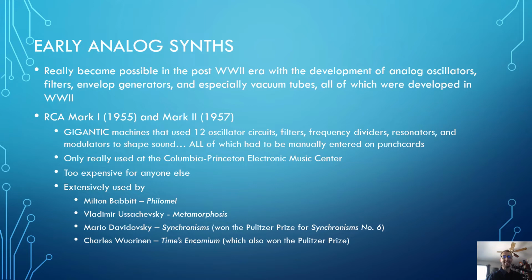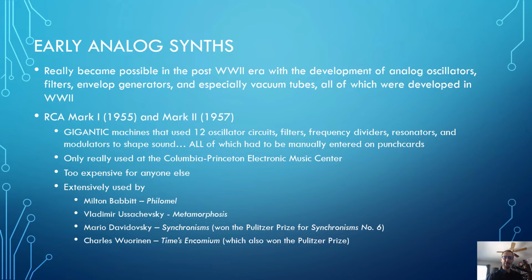These were gigantic machines that used 12 oscillator circuits, filters, frequency dividers, resonators to generate harmonics, and all sorts of modulators to shape the sound. Very cool, but all of these had to be manually entered on punch cards for every parameter, which made it really hard to use and very expensive.